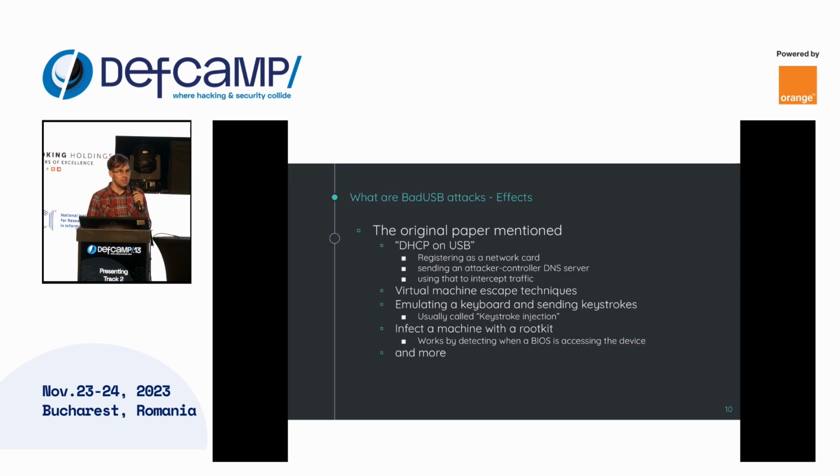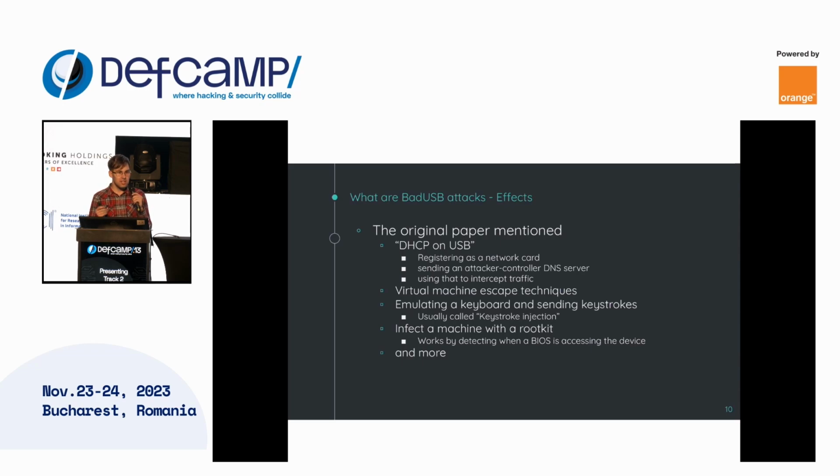Basically, they made the tampered USB device show up as a network card and then send a rogue DNS server that was then used to intercept traffic. So you plugged in a USB stick, and then all your traffic goes to the attacker's server. Pretty cool.